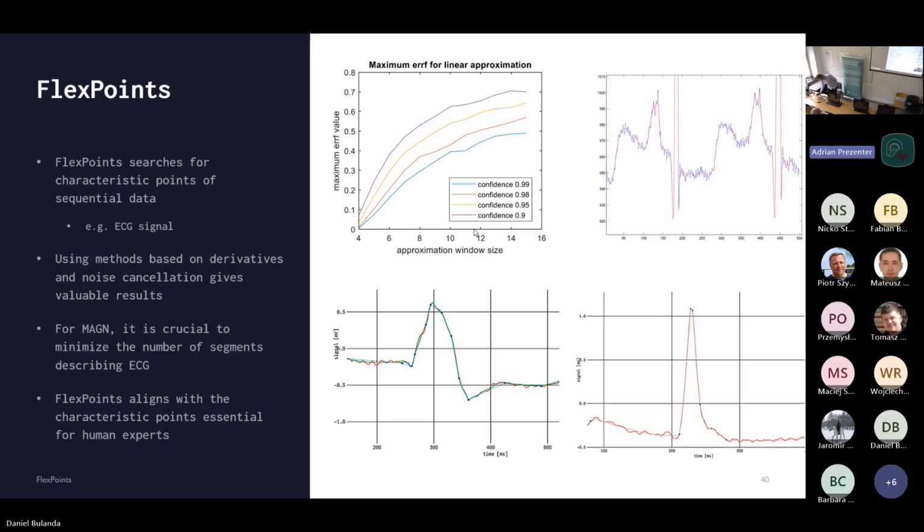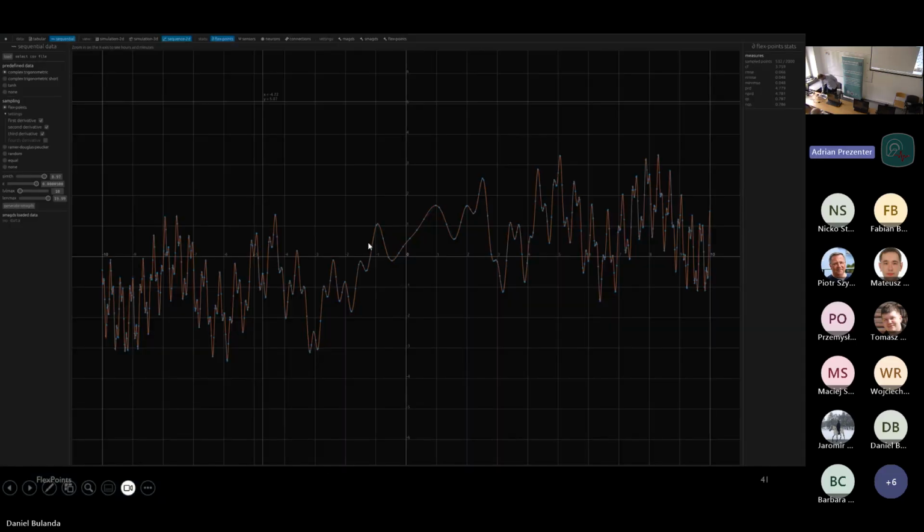We may somehow be sure that no relevant medical information is lost in compression. There is also an application, an open source application available online, to check the flex points in action. One application works on predefined data from the MIT-BIH arrhythmia data set, and the other one can be used for any type of data.